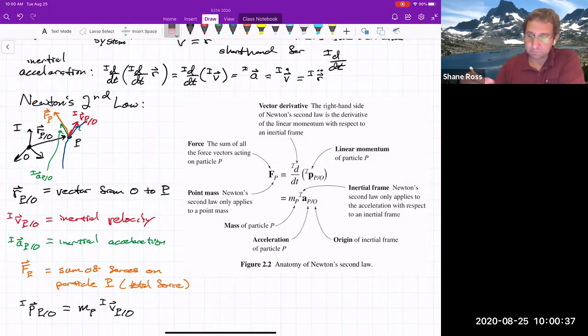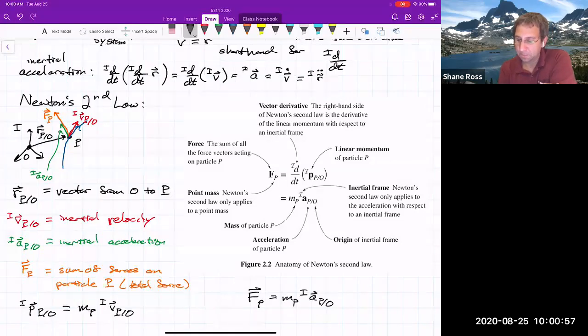So this equation over here is the relationship: F P equals m P times the inertial acceleration of P. And what is there to be aware of here? Well, everything has to be done in an inertial frame.